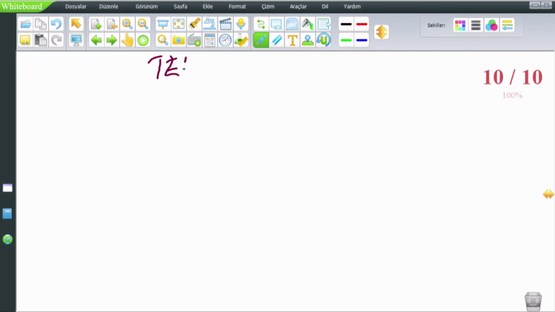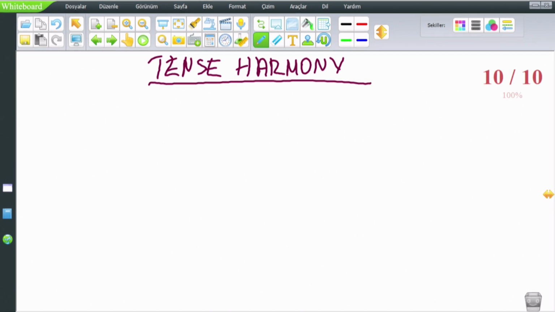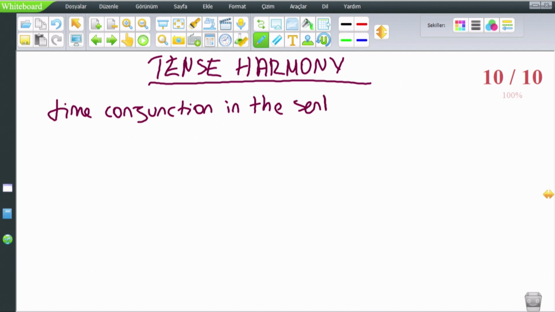So, what was tense harmony? A quick note, and then we will continue with the modals. Tense harmony is simply when we have a time conjunction in the sentence and we have two combined sentences.